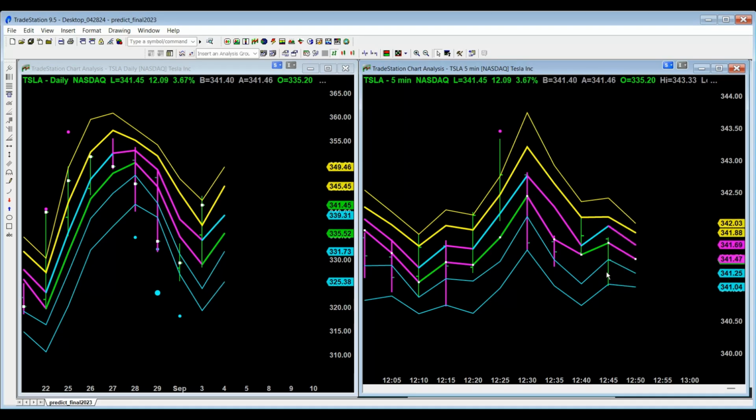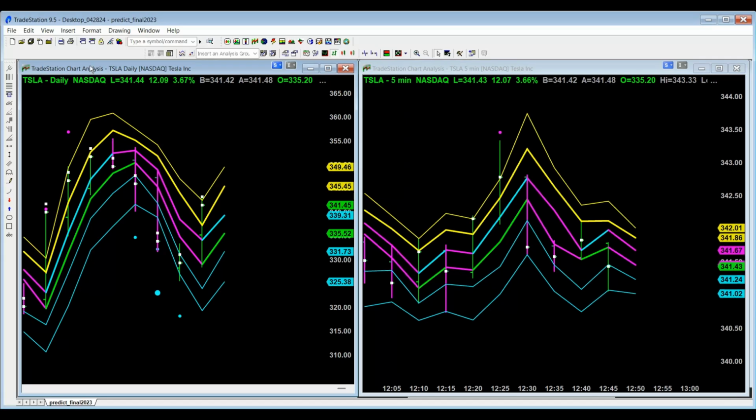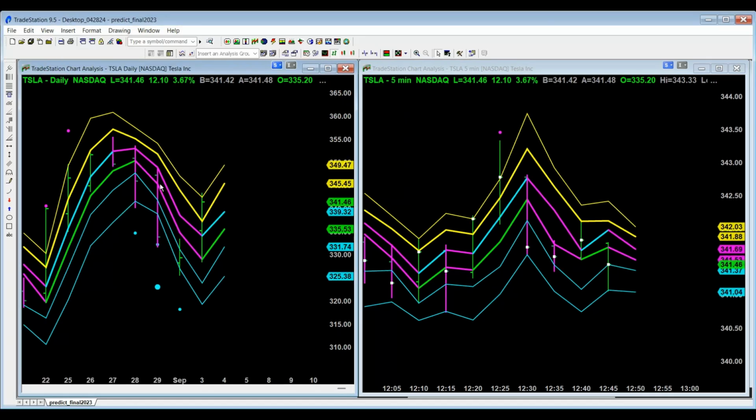So even for this kind of small movement, just a few cents, 20 cents or 30 or 40 cents, this tool can still predict that. And even for that 5 minutes, it will have some kind of 50 cents price difference.